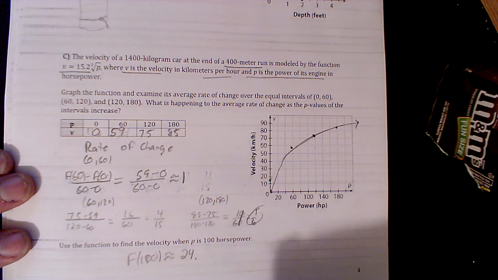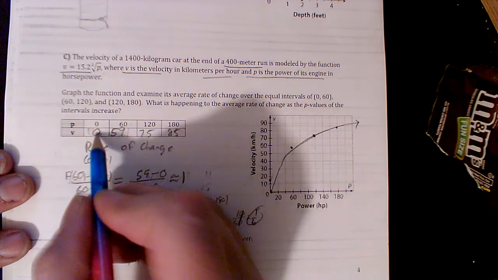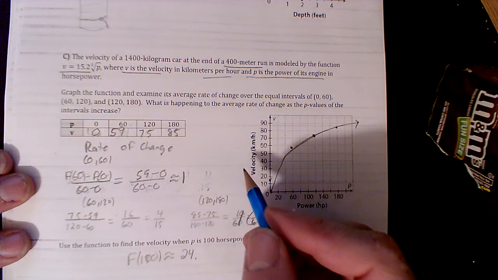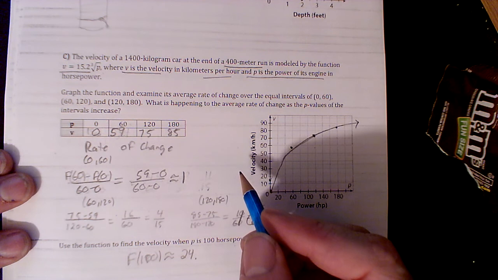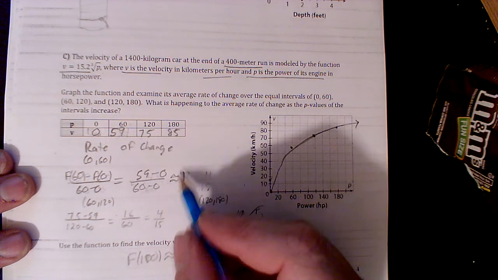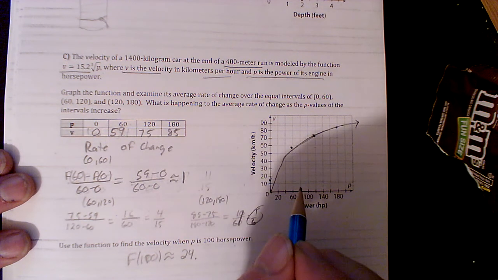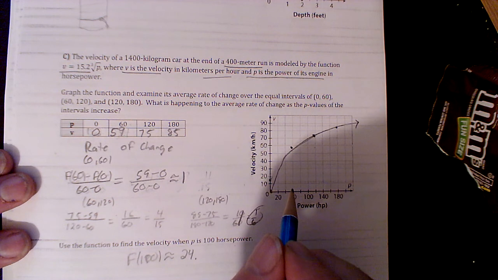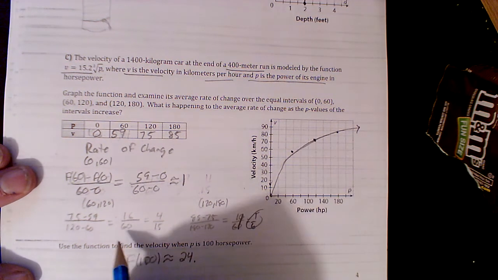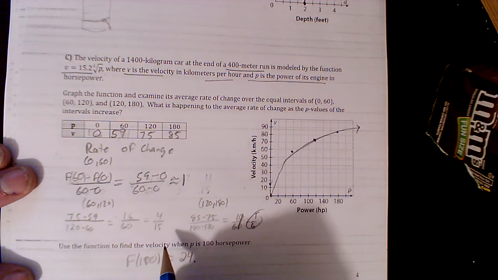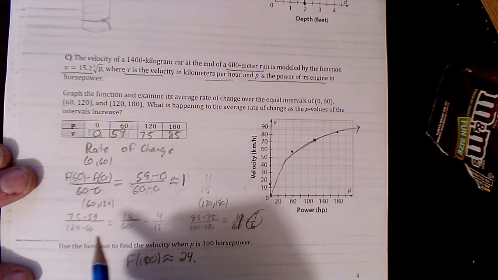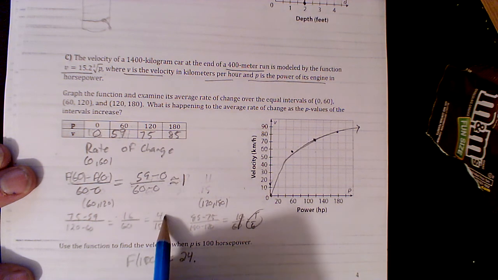All right. So from here to here, I'm gaining at about, what does this represent? Velocity in kilometers per hour. A kilometer per hour for every unit of power that we have. And then you can see as I go from 60 to 120, my velocity doesn't increase as much as my power.